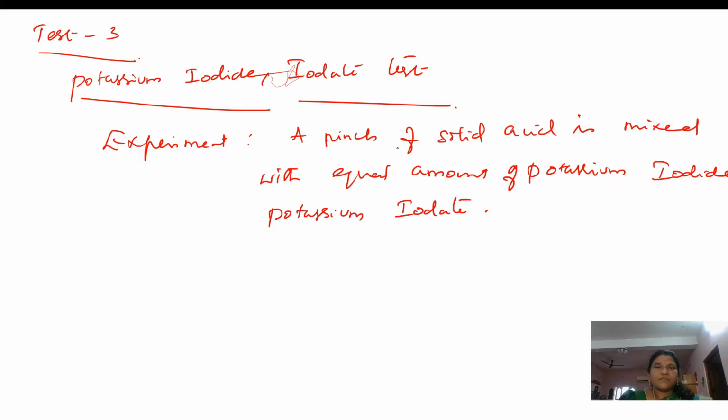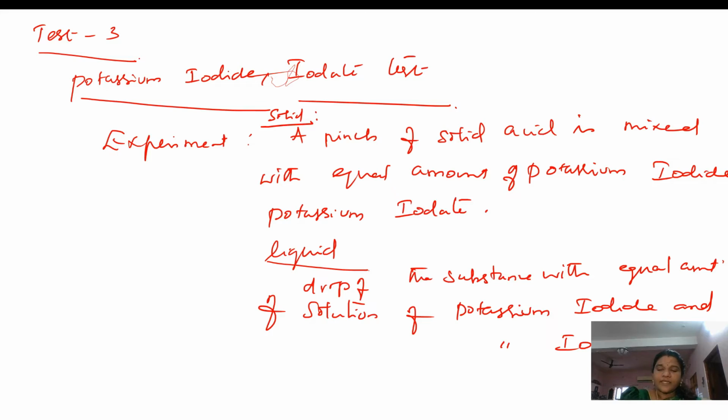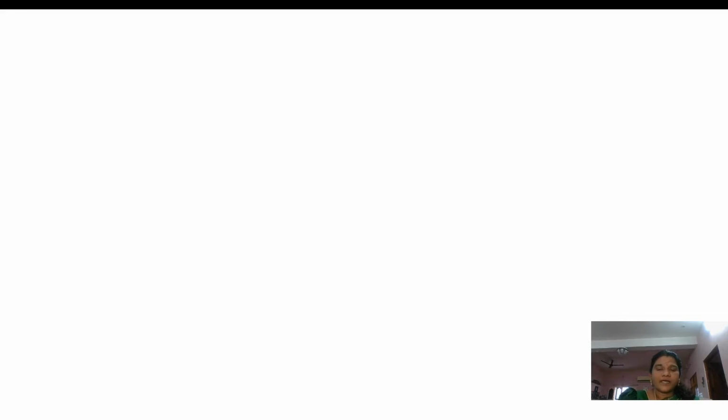Suppose the substance is liquid in state; if it is solid, a pinch of solid acid is mixed with an equal amount of potassium iodide and potassium iodate. Let us see the observation.